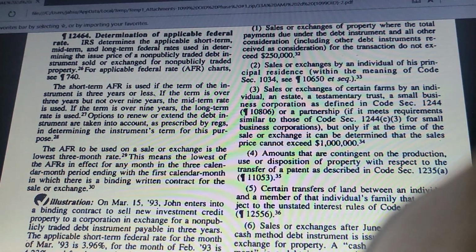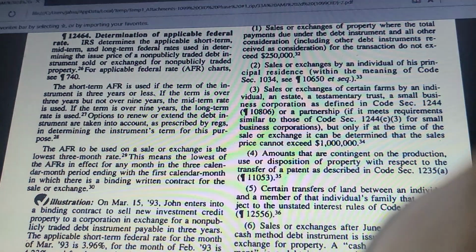Sales or exchanges of certain farms by any individual, an estate, a testamentary trust, a small business corporation as defined in Code Section 1244 (10806), or a partnership (if it meets requirements similar to those of Code Section 1244(c)(3) for small business corporations), but only if at the time of the sale or exchange it can be determined that the sale price cannot exceed $1 million. 4.